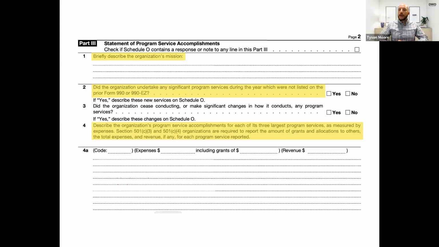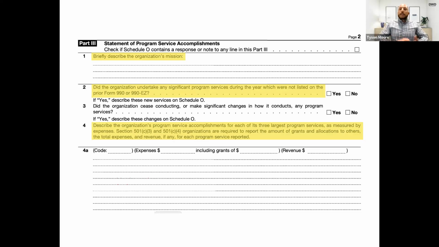If you have significant changes in program and you don't report them to the IRS, and you get a significant amount of revenue from that new program, that revenue could be considered unrelated to the organization's mission. It could in the future be considered unrelated business income, and you might have to pay UBIT taxes on it. So I just want to make sure that if we have any significant differences, we report that to the IRS here in this area.